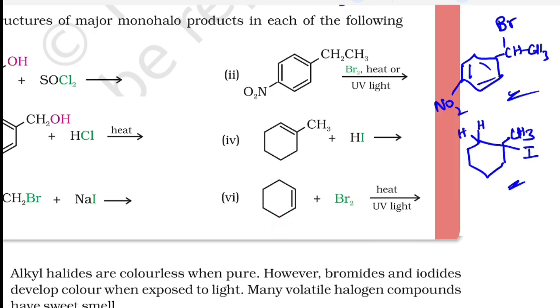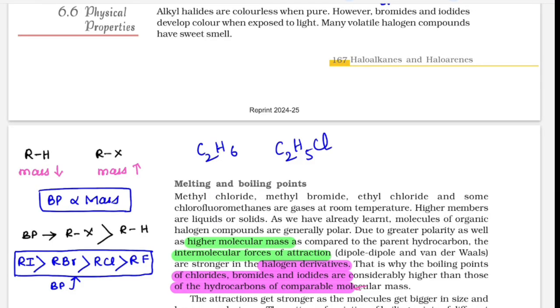It is one and the same. So here the product will be, the double bond you keep as it is and here you have to attach bromine because the free radical should be formed here. The free radical which is formed here is more stable. So therefore attach bromine to this carbon. So this will be the product.